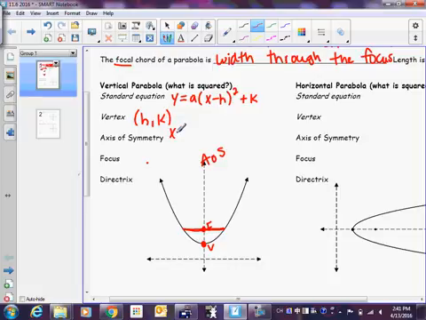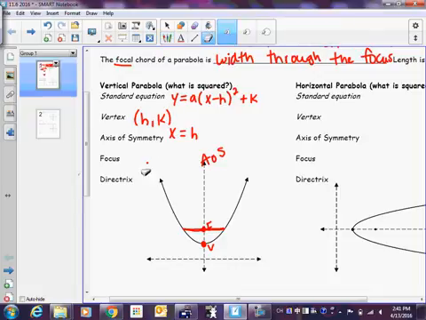Vertical. So x equals, and then which part of the vertex is the x coordinate? H. Okay, and you have all this on your blue card, but I want to explain to you where it comes from. Vertical line is x equals, and then which one of these 2 is the x coordinate? The h.